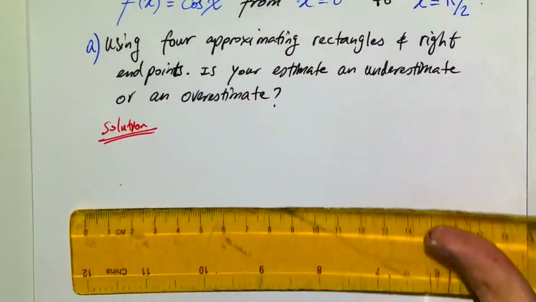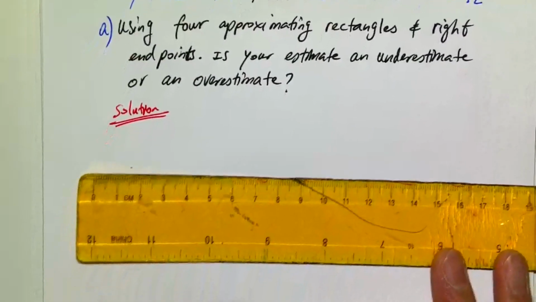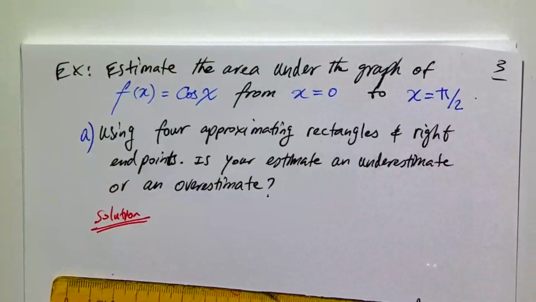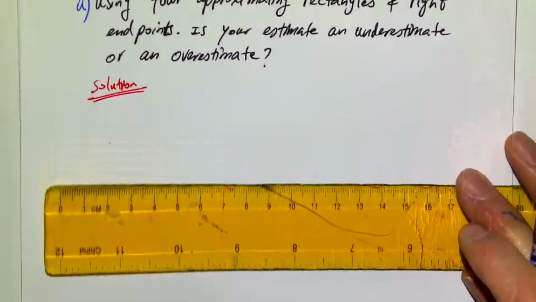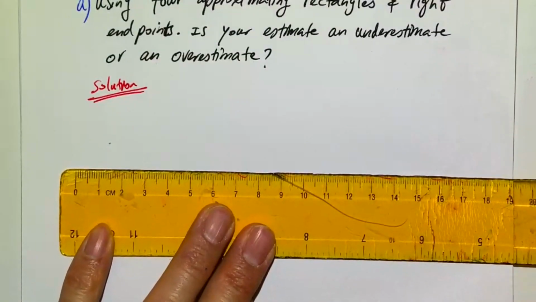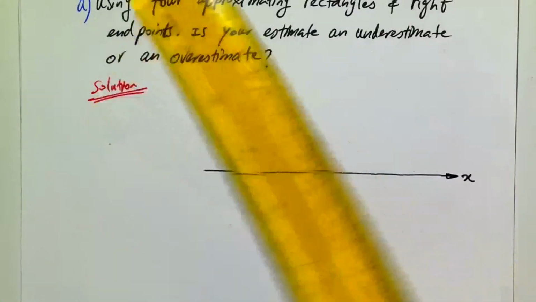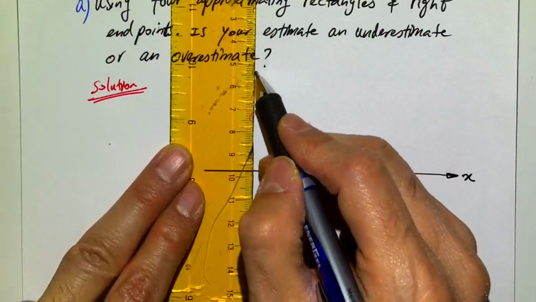So if we draw, for now, just a basic graph of the cosine function, not the whole thing, but from 0 to pi over 2. Okay? We don't want to go 0 to 2 pi, just 0 to pi over 2. And then, of course, the y-axis.